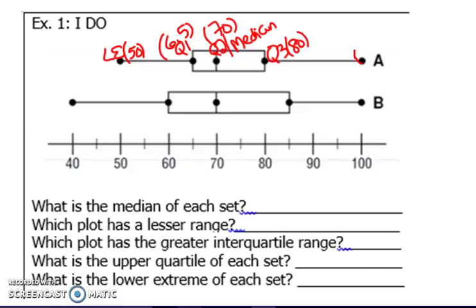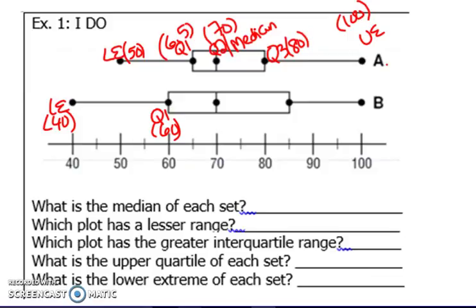And my upper extreme, which, and I don't know what the board's doing, we'll write it on this side. My upper extreme, which is 100. Same thing at the bottom. We have a lower extreme. This time it's at 40. My first quartile, or Q1, is at 60.